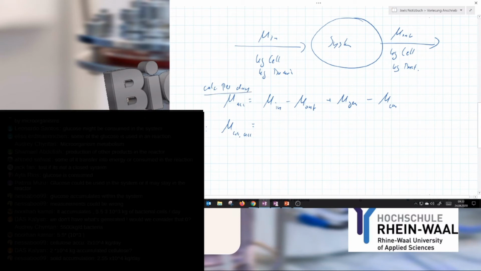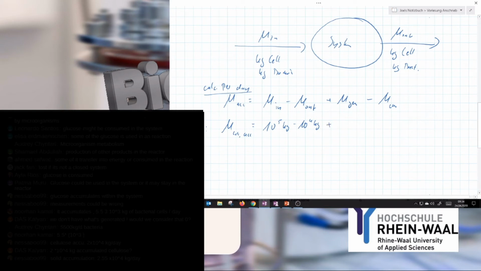So cellulose, we said 10 to the 5 kilograms per day cellulose go in, 10 to the 4 kilograms cellulose go out. So now you simply copy the values you have in the exercise here.